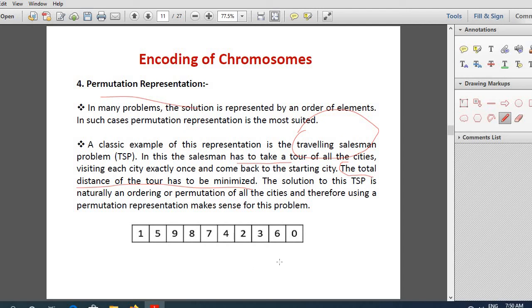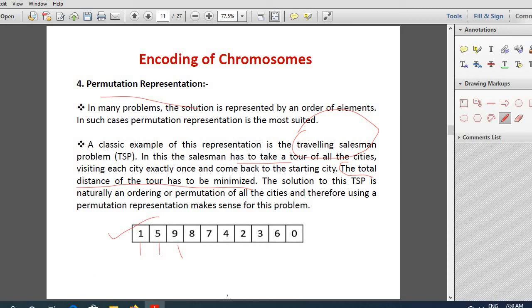So, a genetic algorithm always starts from a set of solutions, right? This is one solution. Say this one is your first city, 2 is your second city, 3 is your third city. This chromosome says that the person first travels to city 1, then travels to city 5, then travels to city 9, and so on. So this is one possible solution.